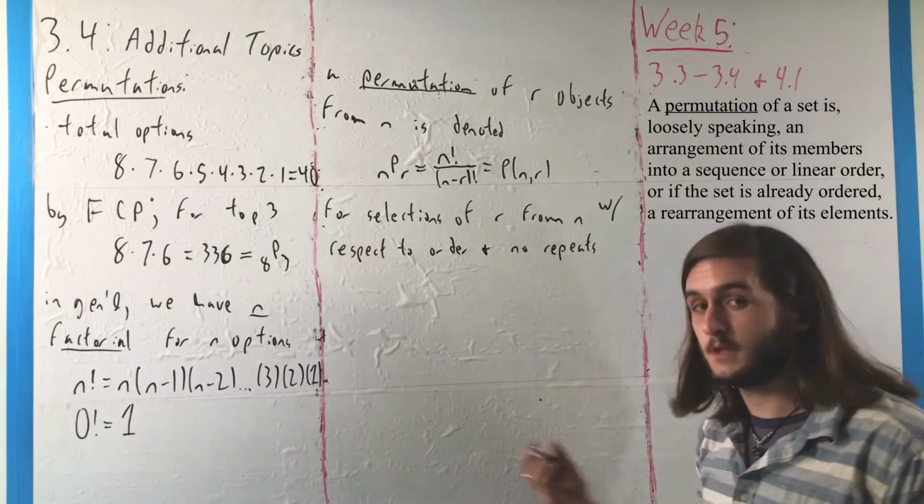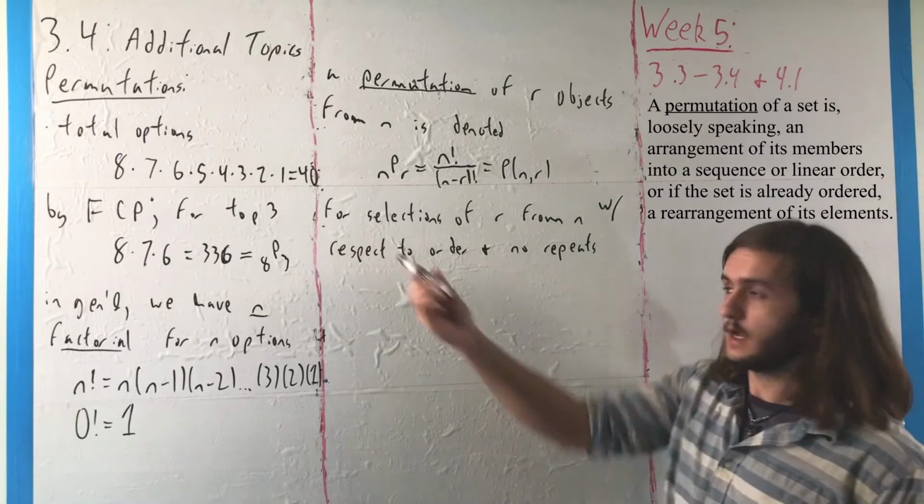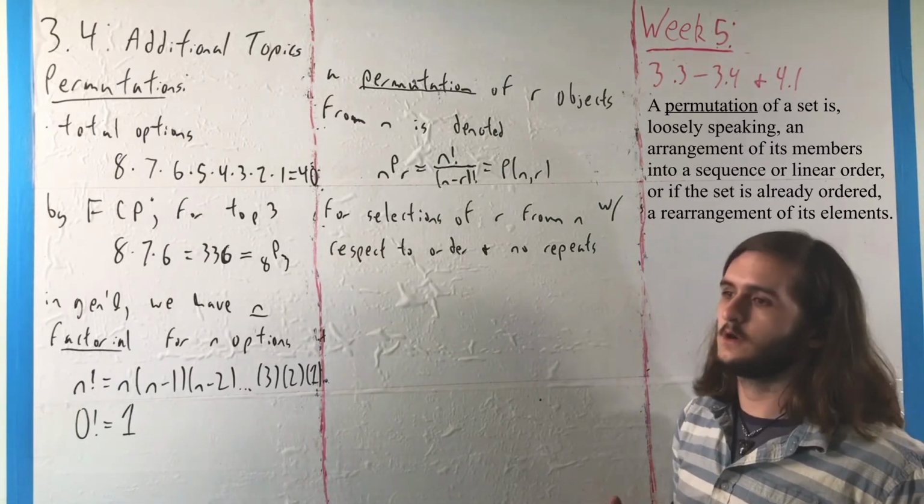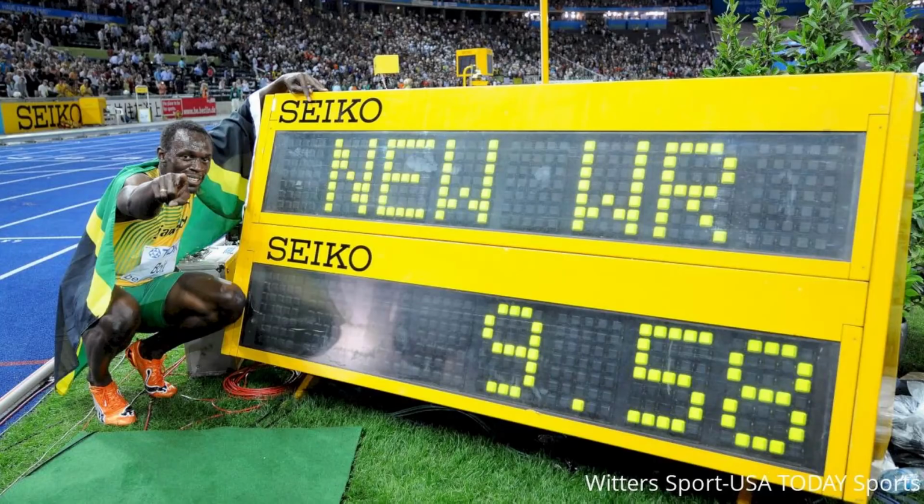That is, once you pull something, it doesn't go back in the bag, it's taken as an option, like with that race. You can't have someone be first and second and third, otherwise, well, they'd be hogging all the medals, and what's the point of having the race then?